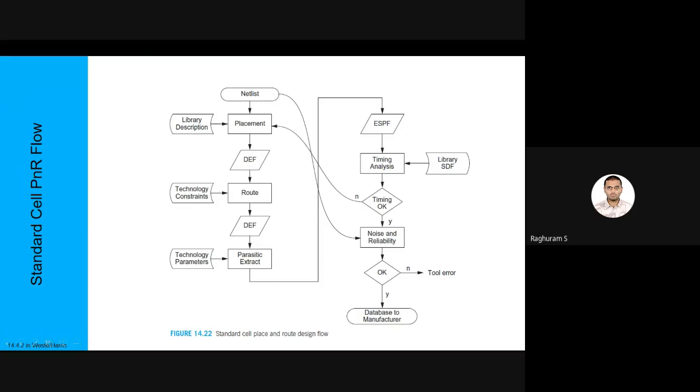And we have to extract that. Extract means nothing but, based on the length of the interconnect, you apply R equal to rho L by A, and you will get the value of R. Once you have that, you perform a detailed timing analysis, with all this information. We have done timing analysis in the previous block diagram also, but this is with new information.